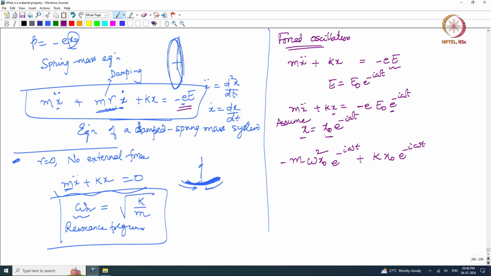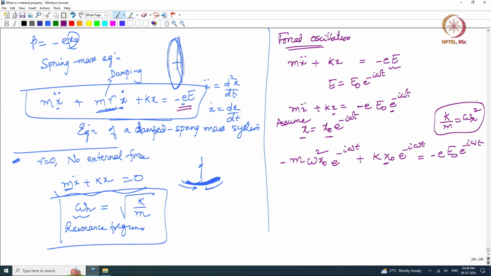So, the idea is to find what x naught is, so that the solution equals minus e E naught e power minus i omega t. Okay. So, now I know that k by m is nothing but my omega r square.